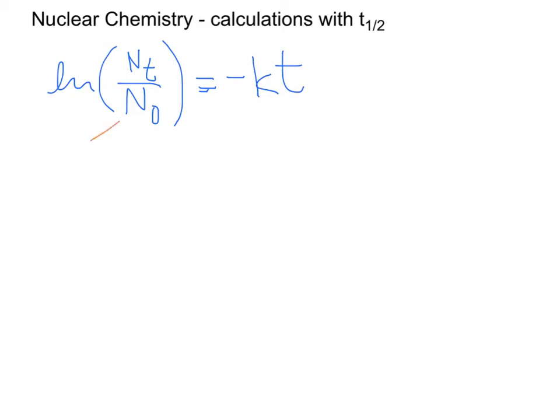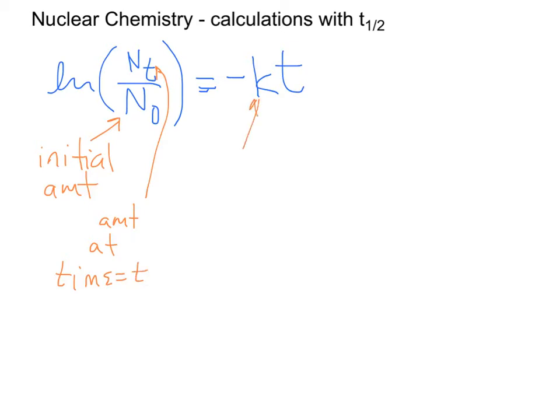And so in this case, that N at time 0, that's the initial amount. The N at time t is simply the amount at time t.